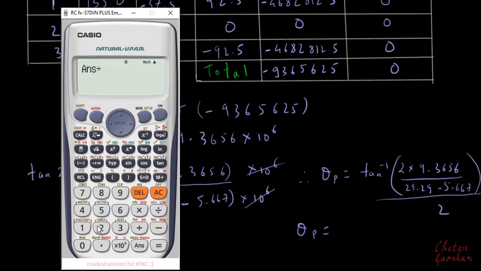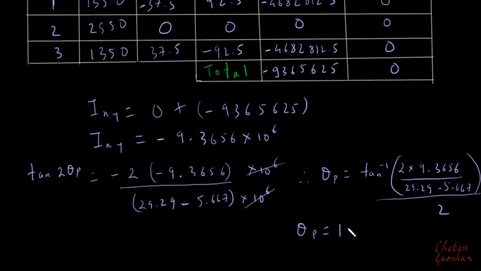So I need to divide this answer by 2 and I get 19.205. So I can say it as 19.21. So this is the value of theta p.